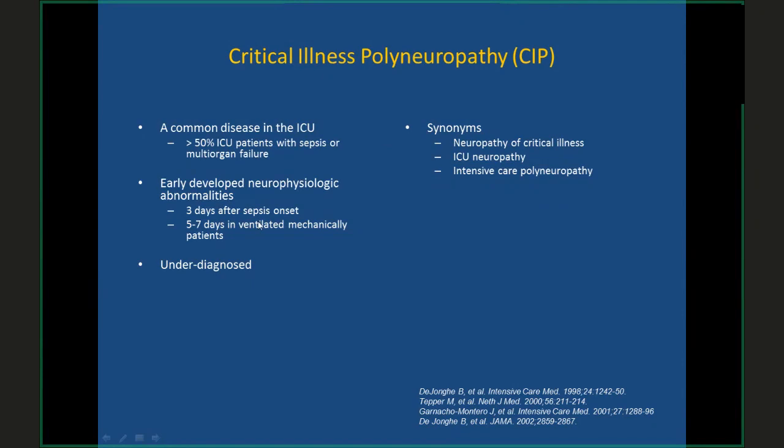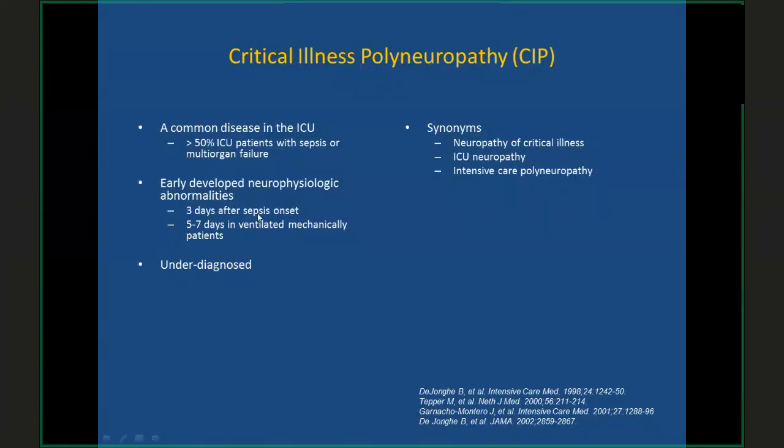The study shows that 3 days after sepsis the patient already developed CIP, and some patients developed CIP 5-6 days after ventilation. So it's very underdiagnosed, probably because the ICU team does not monitor this condition since there's no special treatment.